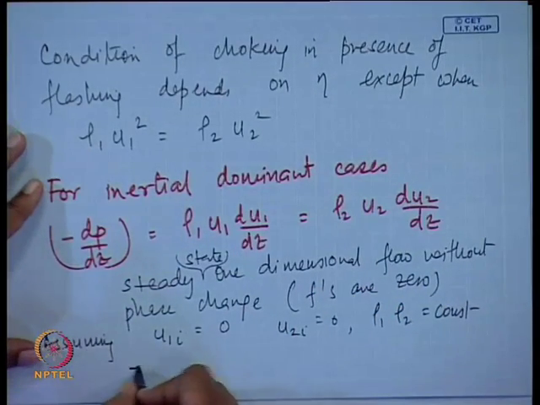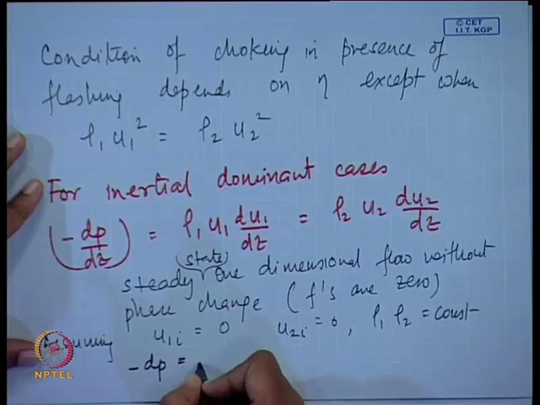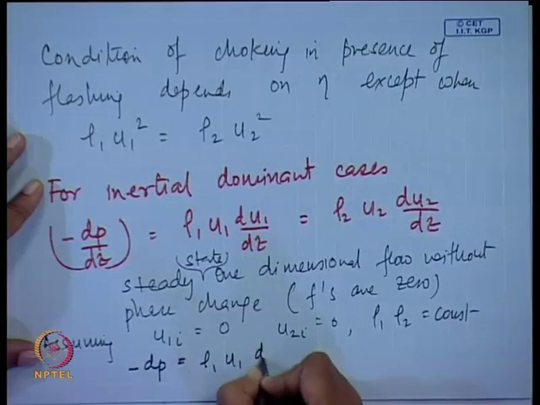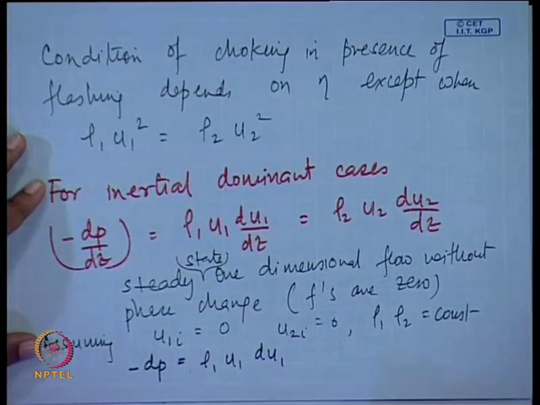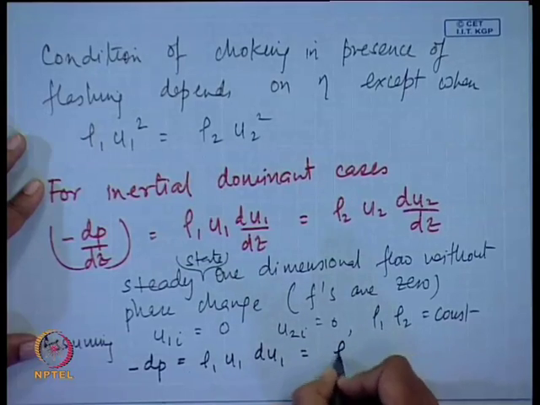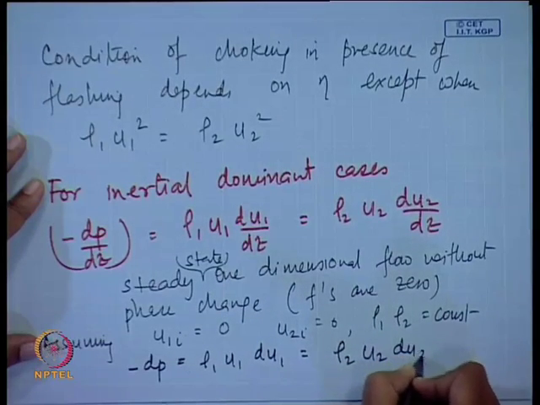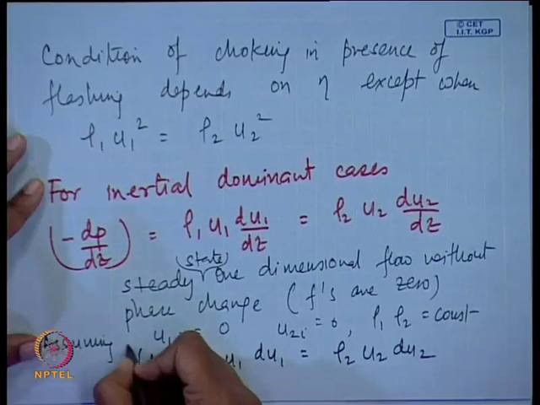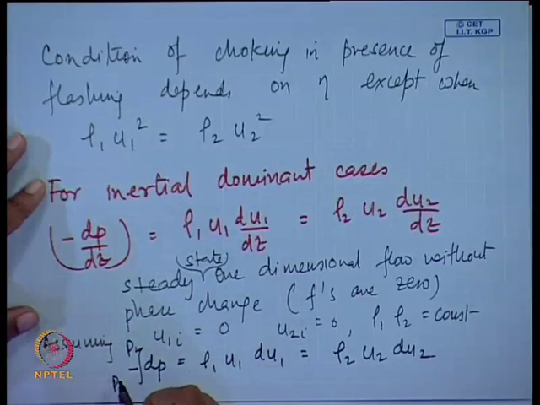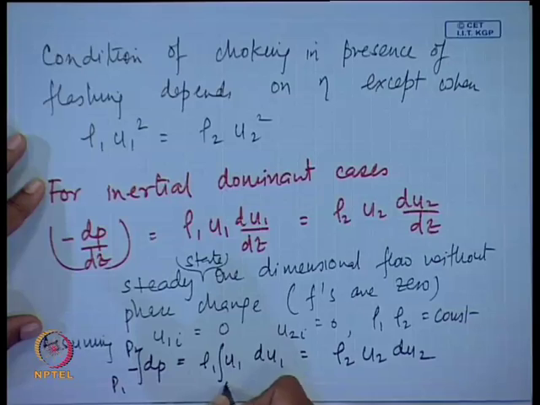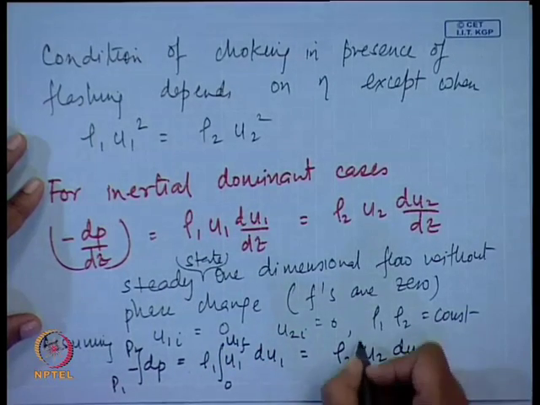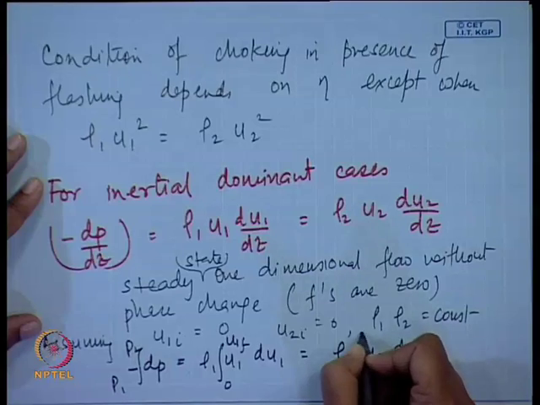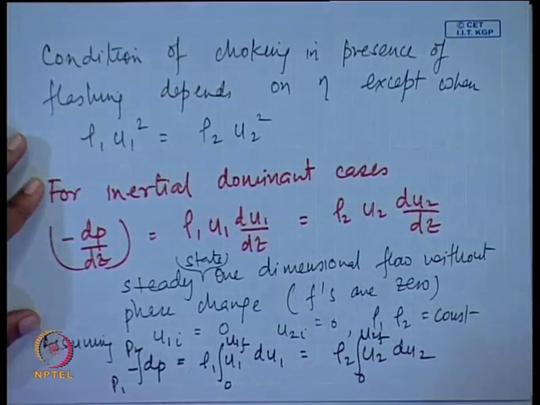We simply get minus dp equals rho 1 u 1 du 1, which is equal to rho 2 u 2 du 2, very correct. The pressure integral is from p 1 to p 2, or delta p. This will be from 0 to u 1 final, and again 0 to u 2 final, we can write it down.